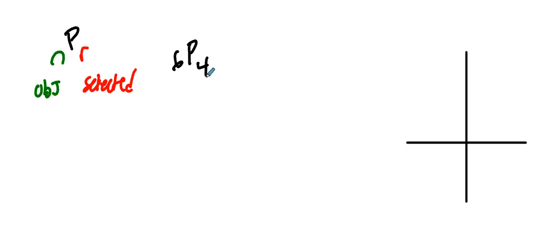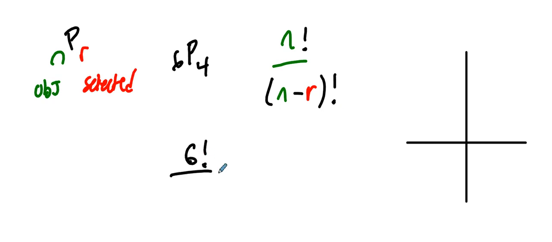We're going to follow this formula: n factorial over n minus r factorial. Plugging these values in, n equals 6, so 6 factorial over 6 minus 4, which is 2 factorial. 6 factorial is 6 times 5 times 4 times 3 times 2 times 1.